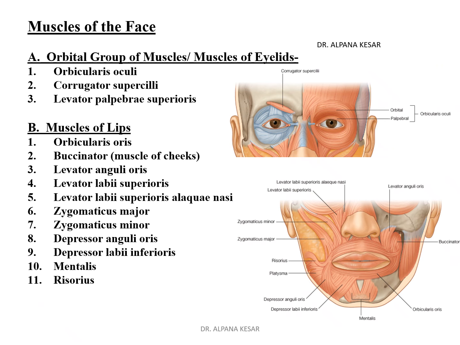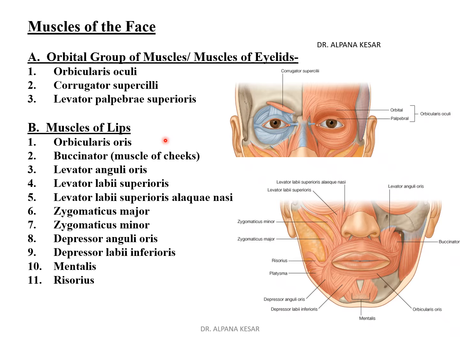Enumerating the muscles of the face, orbital group of muscles or muscles of the eyelid. This includes orbicularis oculi, corrugator supercilii, levator palpebrae superioris.